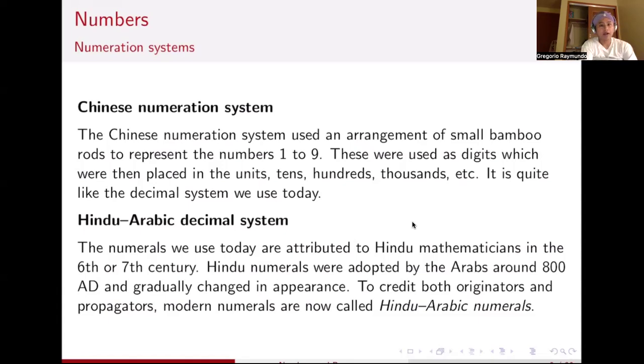And finally, the Hindu-Arabic decimal system. The numerals we use today are attributed to Hindu mathematicians in the 6th or 7th century. Hindu numerals were adapted by the Arabs around 800 AD and gradually changed in appearance. To credit both originators and propagators, modern numerals are now called Hindu-Arabic numerals. So we'll focus more on the Hindu-Arabic numerical system.